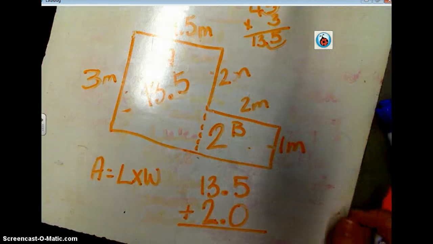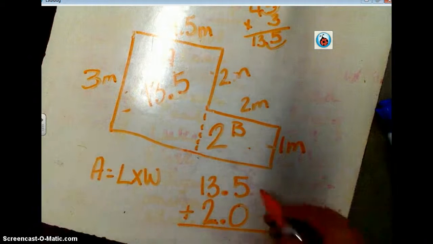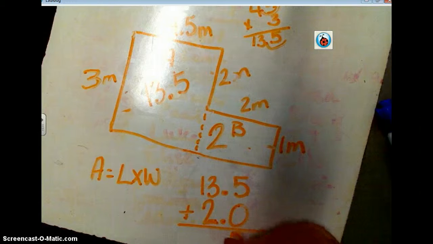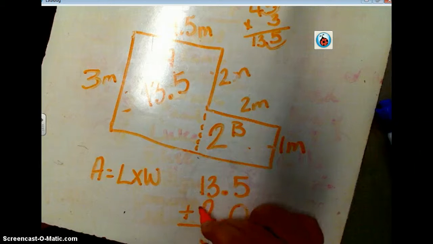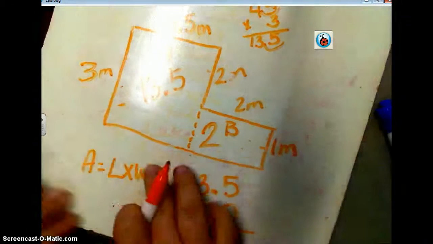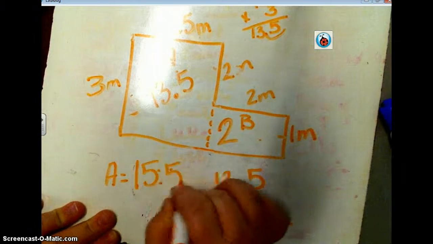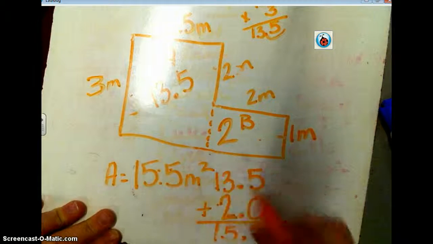When it comes to adding and subtracting decimals, you have to line up place values, okay? 5 plus 0 is 5. 2 plus 3 is 5. 1 plus 0 is 1. So the total area for this shape is 15.5 meters squared.